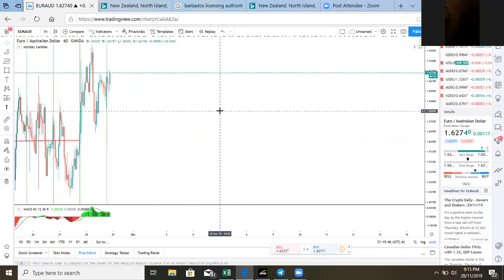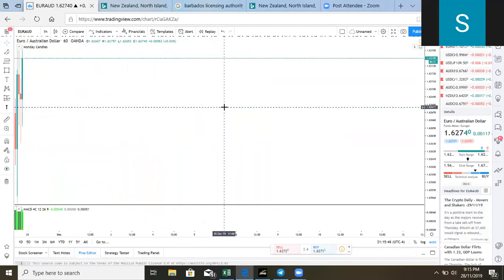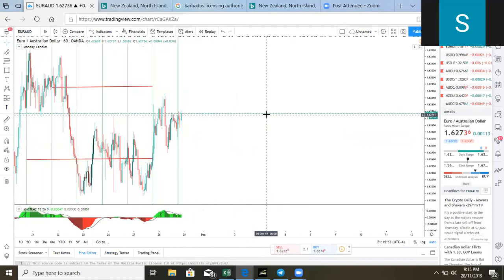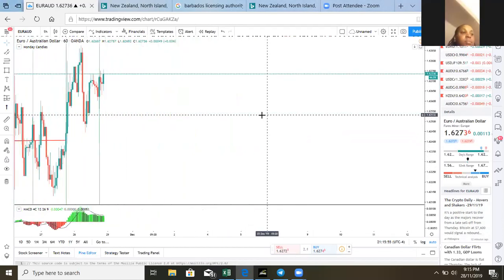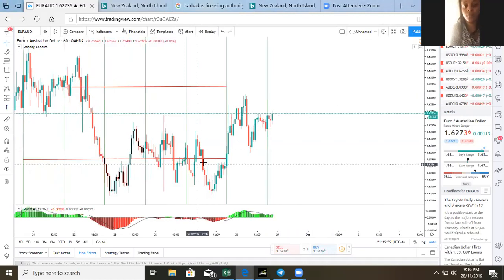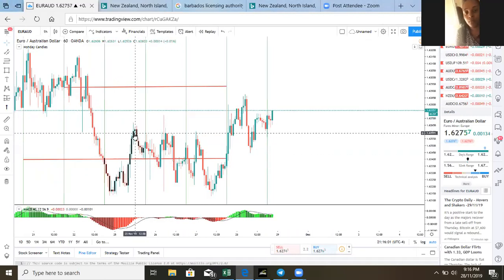All right, what are we looking at? Oh, there's some movement though.